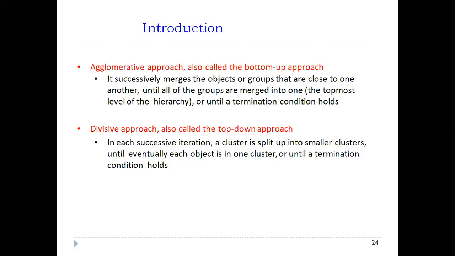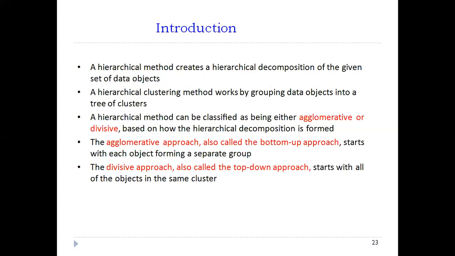You will finally have one single cluster at the end. Whereas in the divisive approach, you start with only one cluster, and then you divide that particular cluster into different groups.